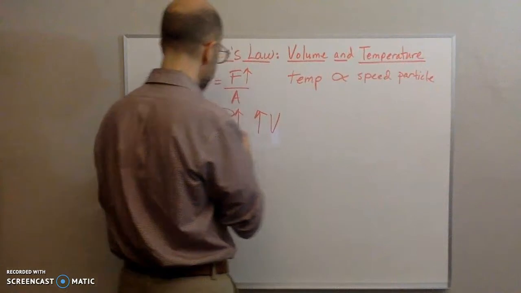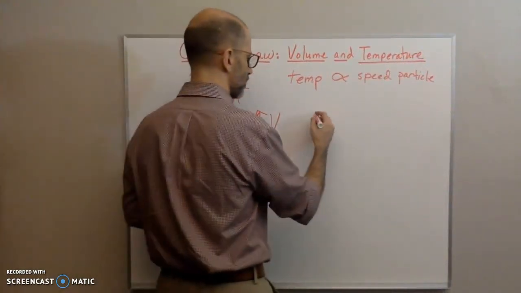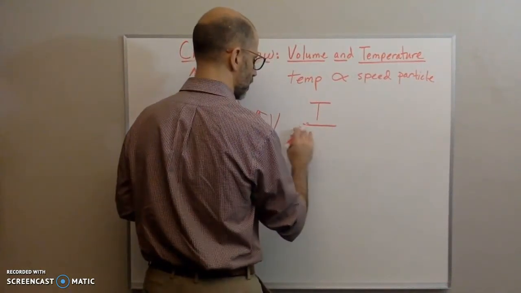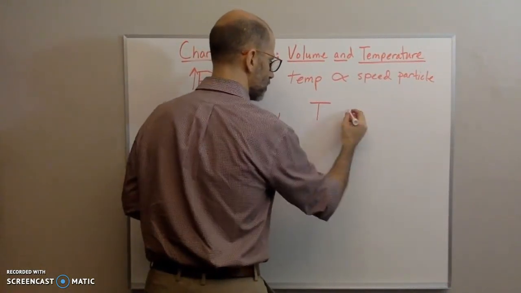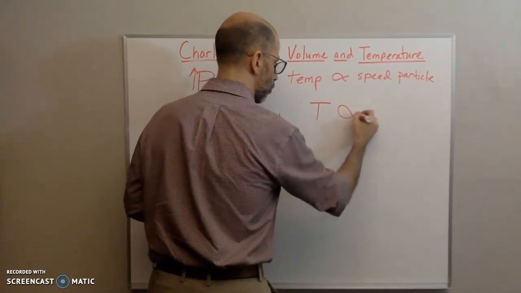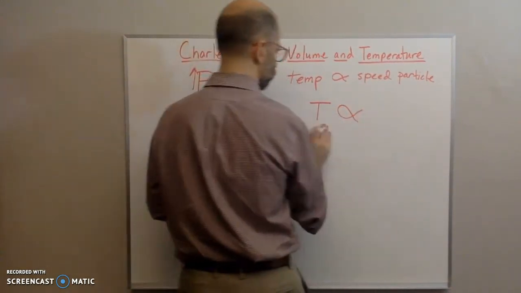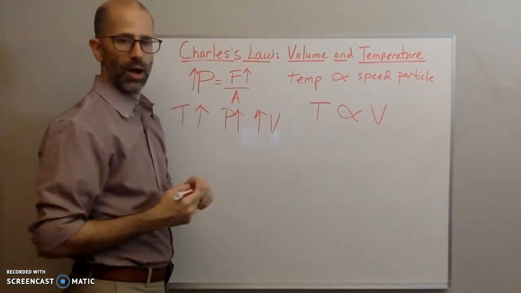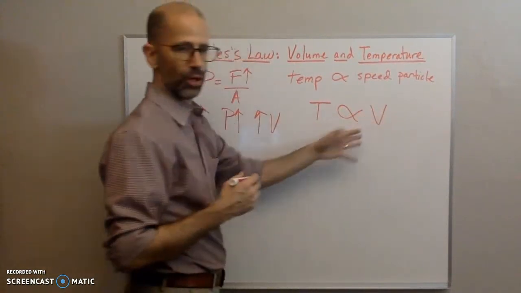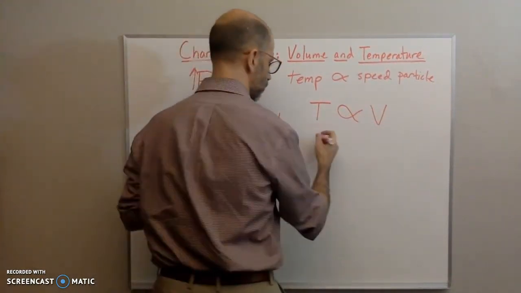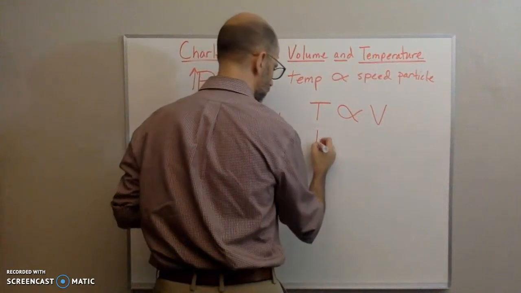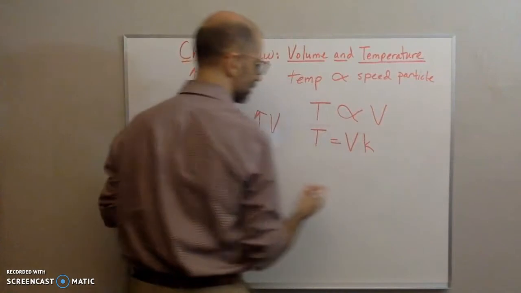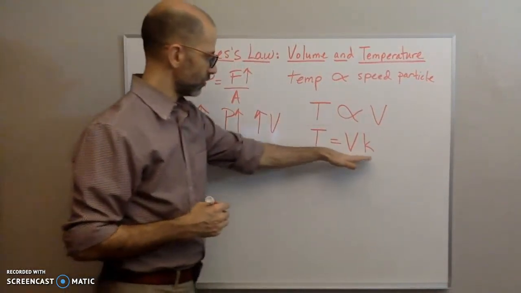So if I write this down as a direct relationship, then temperature T is directly proportional to volume. If I multiply by some sort of constant, I can get an equality. So volume times the constant K will make this an equality.